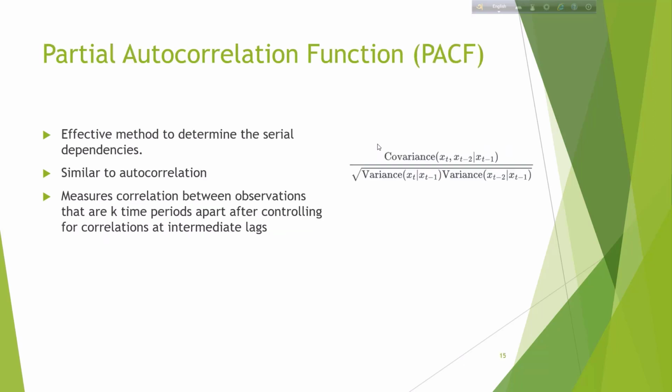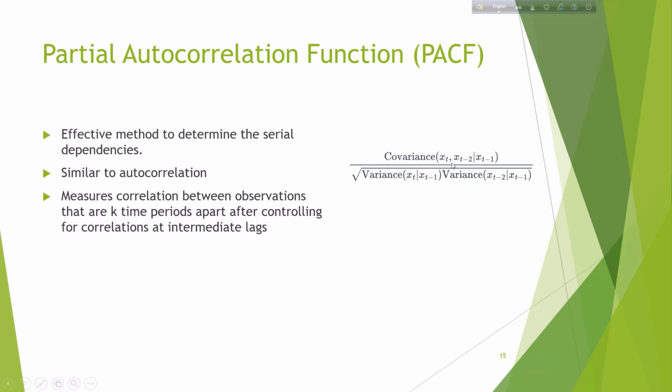Then the partial autocorrelation function. The partial autocorrelation function is another effective method to determine serial dependencies. It is similar to autocorrelation. It measures the correlation between time series observations that are k time periods apart after controlling for the correlation at intermediate lags. You can see the formula here.